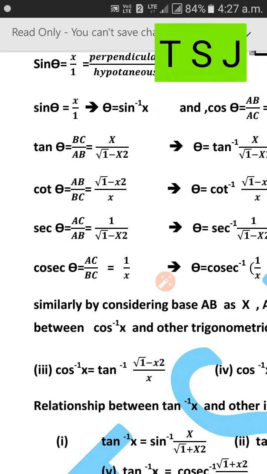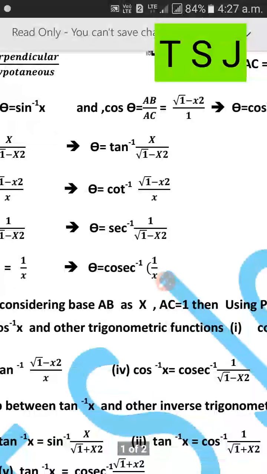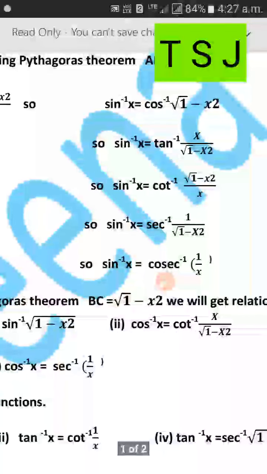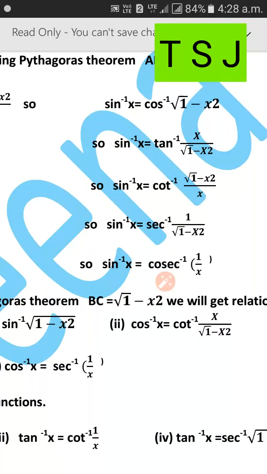Perpendicular BC is x and base is under root 1 minus x square. This way theta will be tan inverse x upon root 1 minus x square. Comparing both thetas, we have sine inverse x equal to tan inverse x upon under root 1 minus x square.